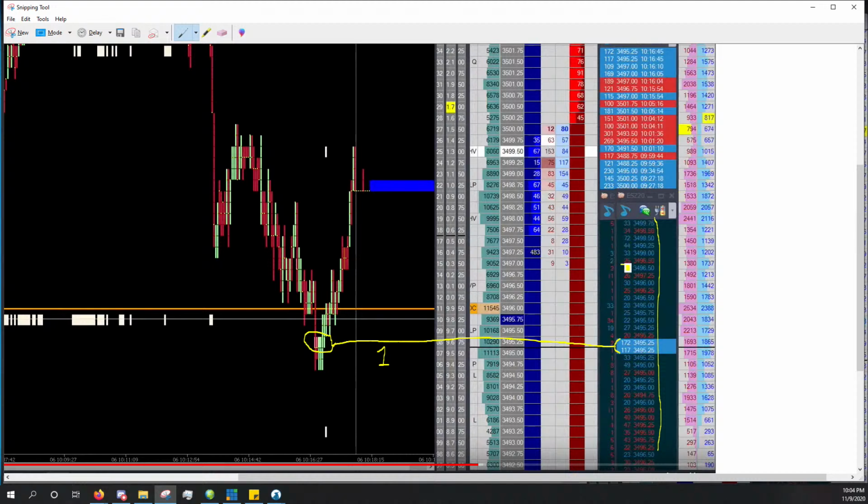So I'm going to cut this tape up. It's 95.25.